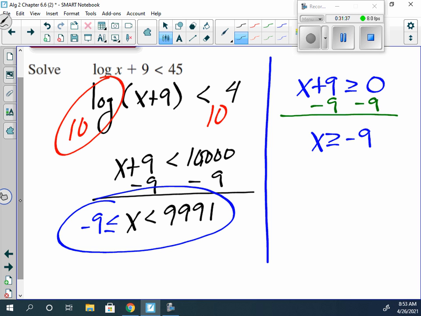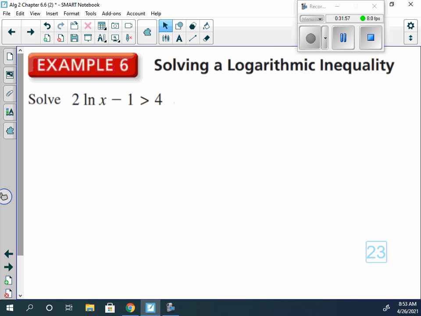Because even if we try -9.1, well, -9.1 plus 9 is -0.1. We have a negative, it does not work. So -9 is the last number we can actually plug in that will still work for this here. Any questions on these here? All right.